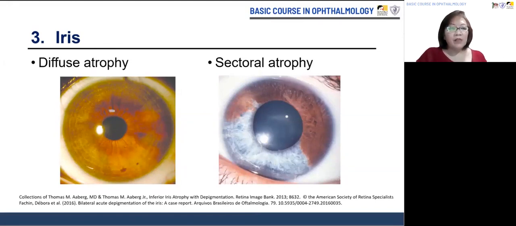Other iris findings that may indicate prior inflammation may be the presence of iris atrophy. They may be diffuse or sectoral. Sectoral iris atrophy is very commonly found in patients whose underlying etiology for their inflammation is herpes.